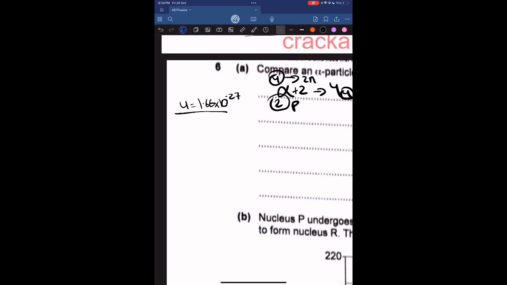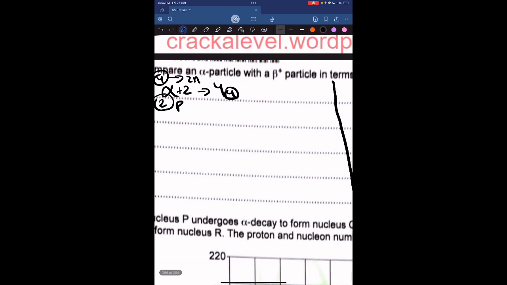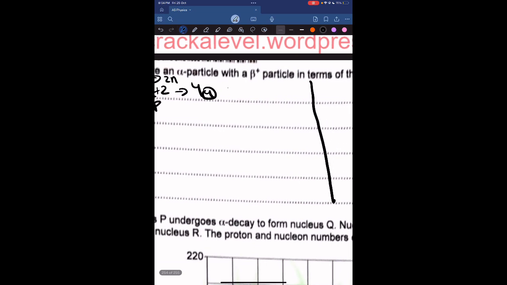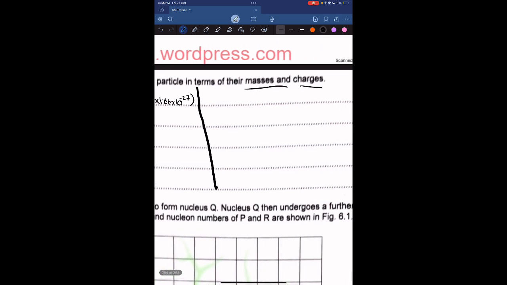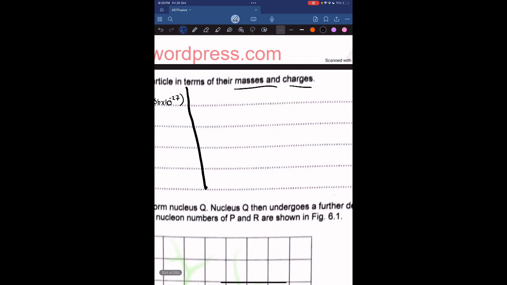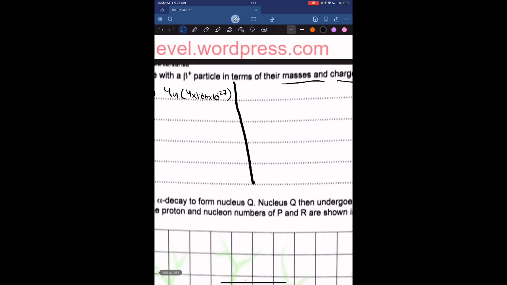So an alpha particle has a mass of 4u, or 4 times 1.66 times 10 to the power minus 27. You don't need to show this much detail, but it's better if you do.